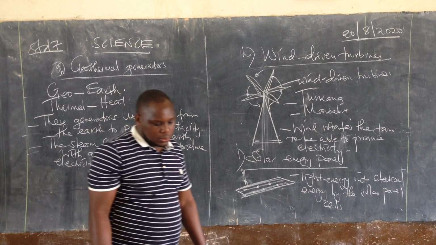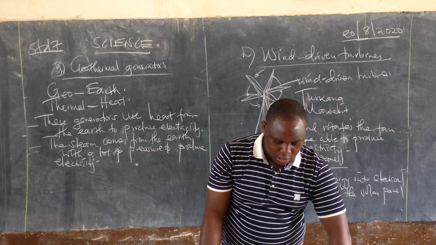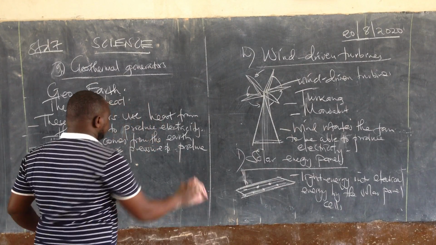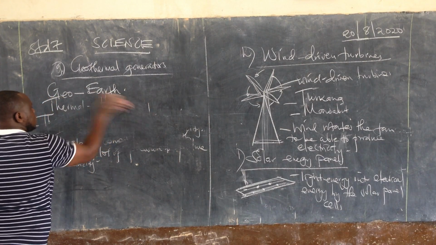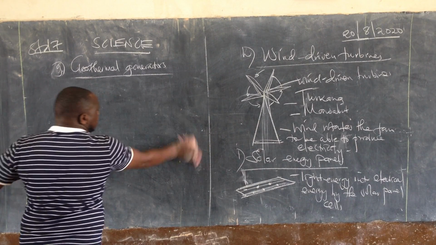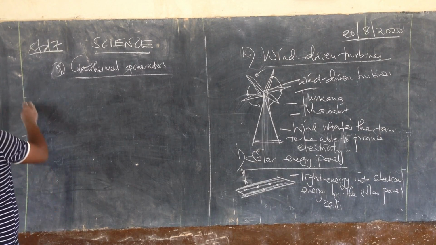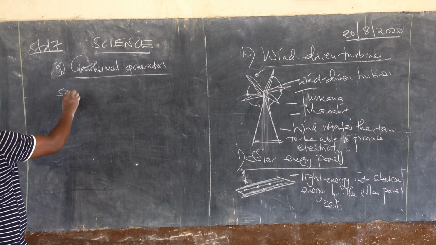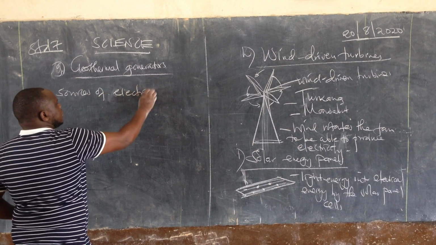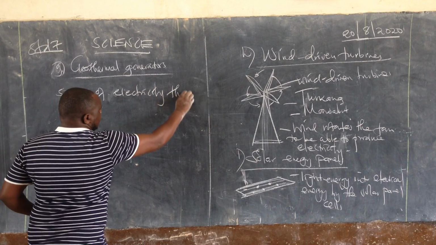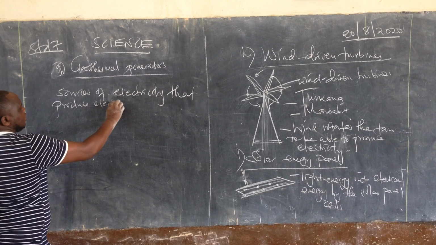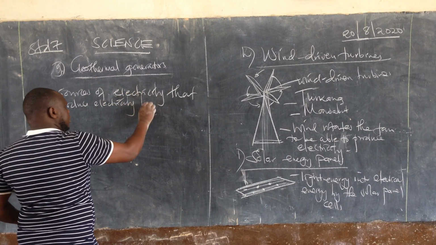So now I want to say the last thing about what you have just done. And this last thing is sources of energy, not energy in this case, electricity, that produce electricity by rotating.